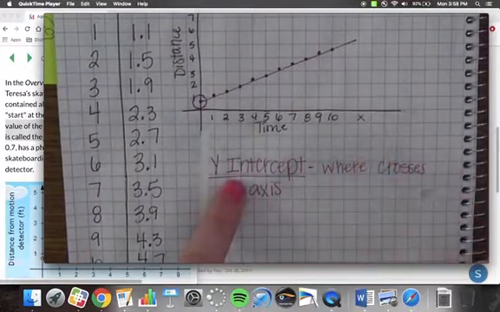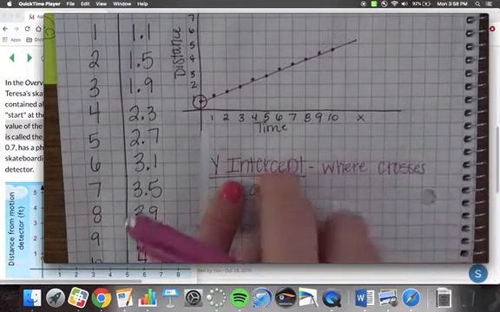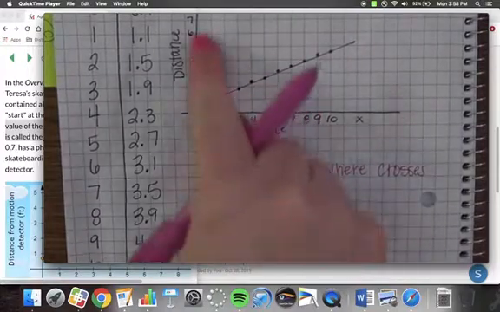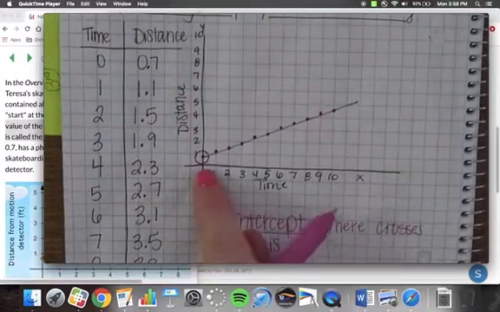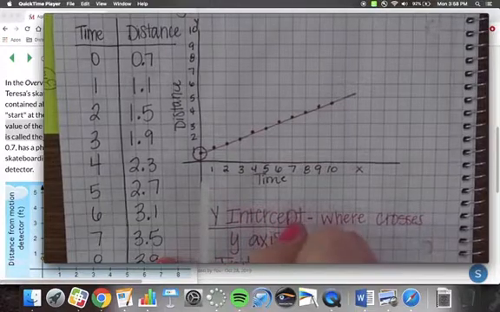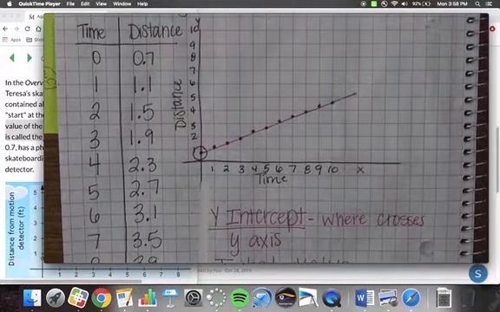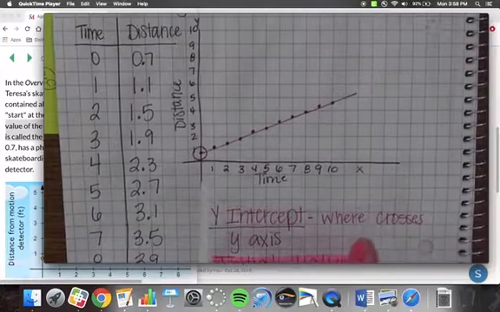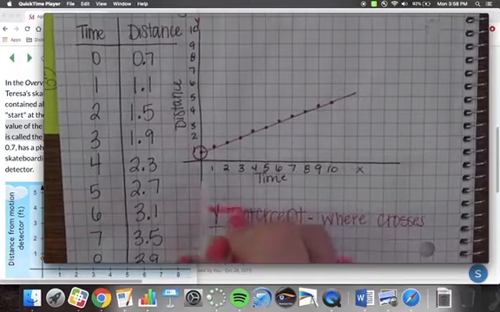So the way I think about it is y-intercept. If you think about football, if you like football, an interception is where the football player catches the ball and then starts running with it. So intercept, it's where the y-axis is intercepting or catching the line. So it's also known as initial value. So if you get a highlighter, initial value, remember, is one of our vocabulary words.